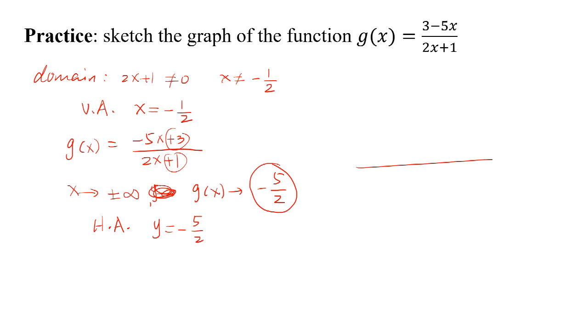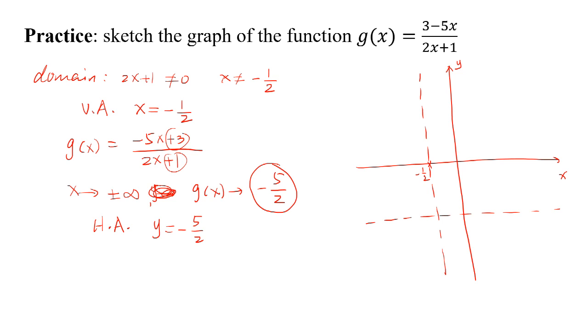Okay, so we can just draw the two asymptotes first. Vertical asymptote here, minus 1 over 2. Horizontal asymptote is here. This is minus 5 over 2, right? Next, we can find the x-intercept and y-intercept.